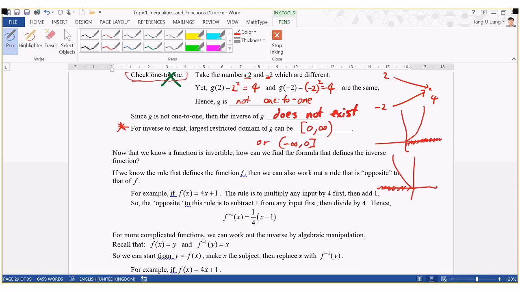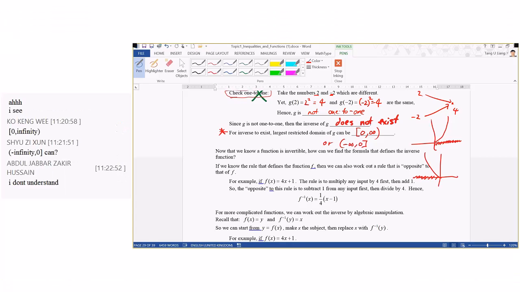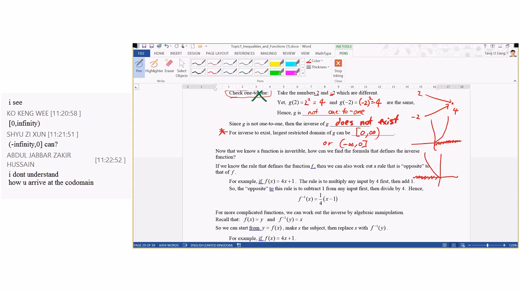It's actually given to us in the function. Yeah, you can't go from negative infinity to infinity, because if that's so, then it's not one-to-one. So that's why you split the original domain into 2 by removing part of the domain. You just isolate the part of the graph which is one-to-one. That's to answer Howie's question.